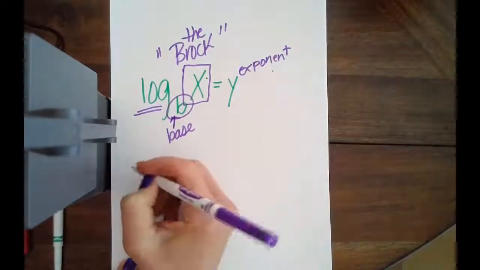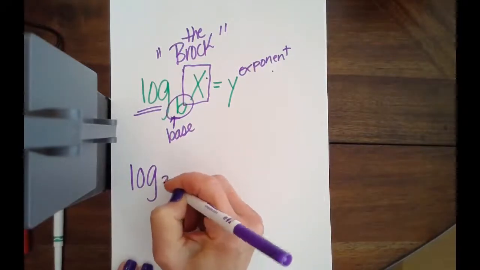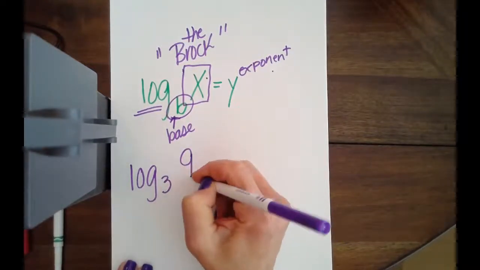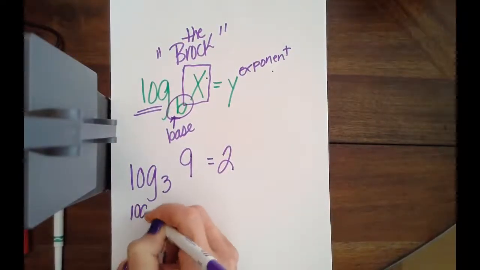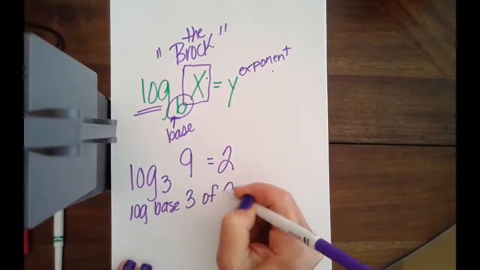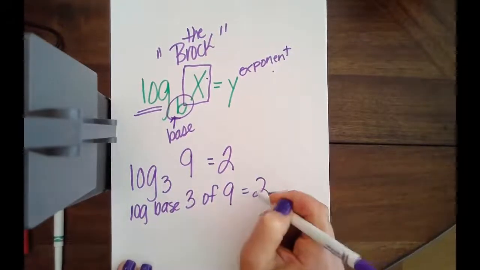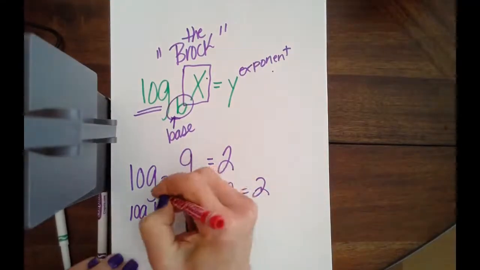All right, so let's go back to our example. Log base 3 of 9 equals 2. That's how you would actually verbally describe this. This is the base.